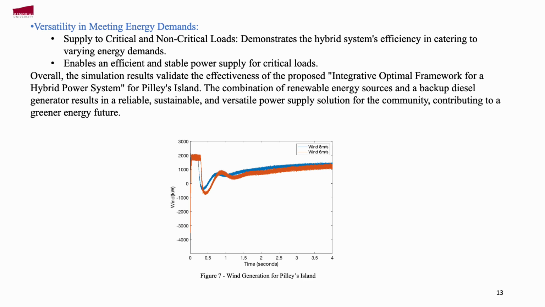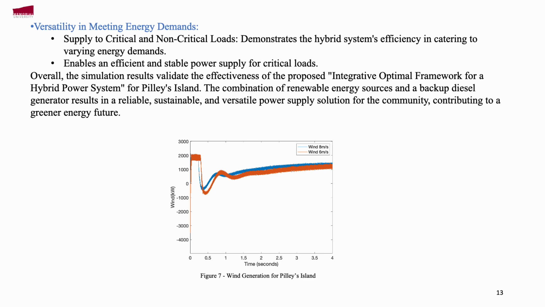The combination of renewable resources and backup generator results in the effectiveness of the system. The wind turbine, at about 1.5 megawatts of power, showcases the successful harnessing of wind energy and its effective integration in the hybrid system.